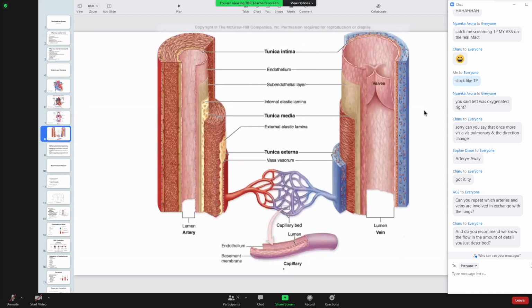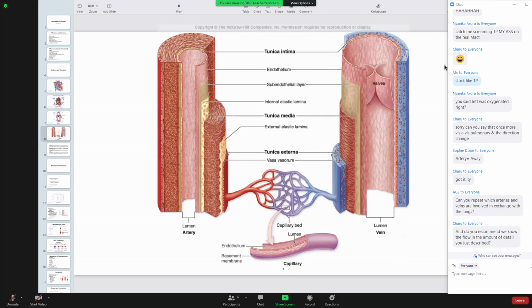Let's go into the structure between these two types of vessels. The structure of arteries and veins is quite a bit different. On the left here, we have an artery, and on the right, we have a vein. One thing that I noticed right off the bat on the left is that the wall of the artery is much thicker.